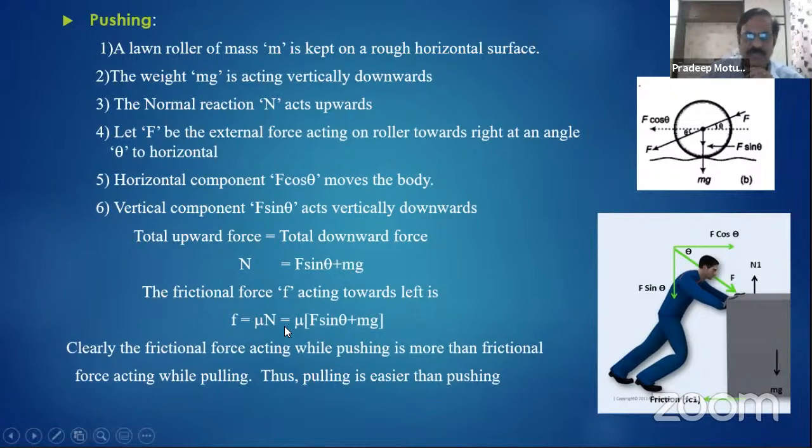We have F is equal to mu into (F sin theta plus mg). The total frictional force acting towards the left is F is equal to mu N, that is mu into (F sin theta plus mg).